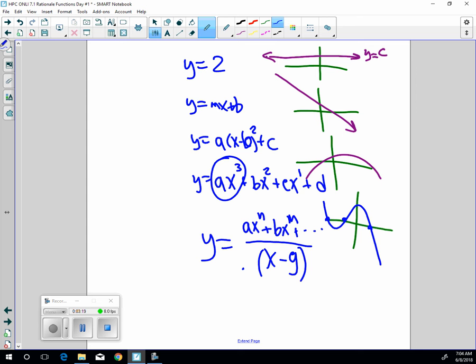So let's say it was a 2, x minus 2. Well, if there's an x minus 2, weird things start to happen. We get vertical asymptotes, we might have things cancel out and get a hole. We might have a horizontal asymptote, maybe we don't. So this is what we're doing this chapter, going from those other functions.